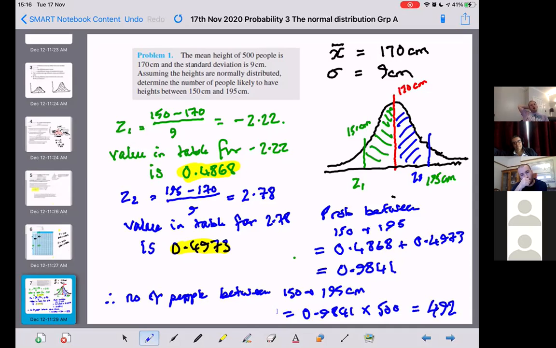Mike, can you just explain where you got that 500 from at the bottom? The 500 comes from the sample, which has 500 people.